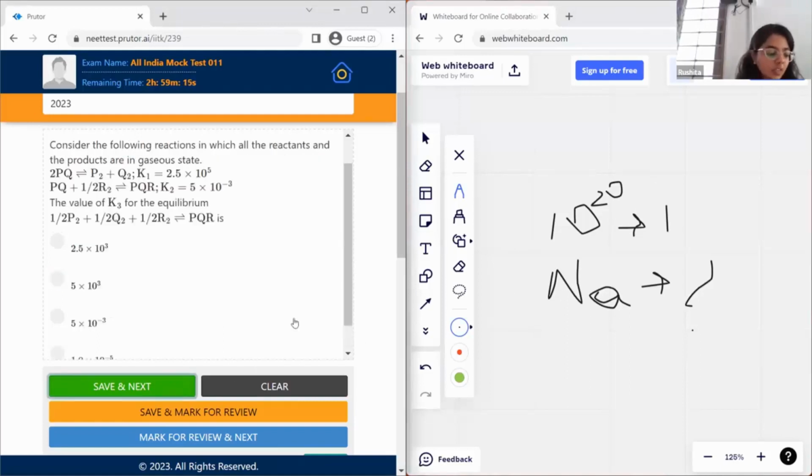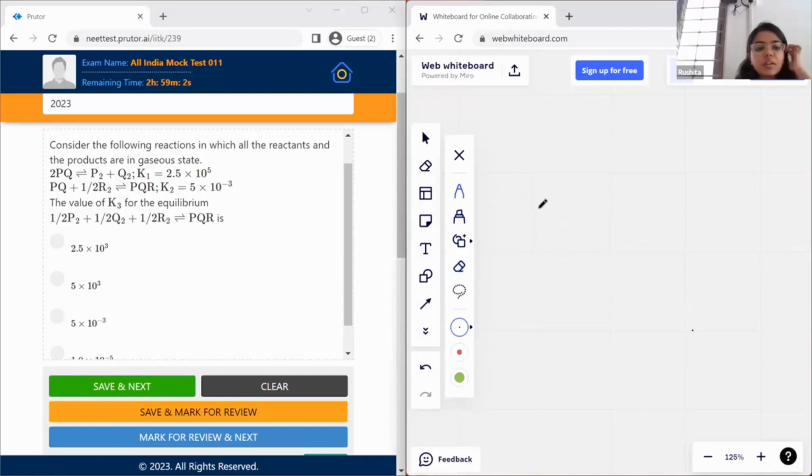Okay. So we have a reaction and we need to find the K3 for the reaction. So the first one, 2PQ gives P2 plus Q2. So if we just reverse the first equation, then P2 plus Q2 would give 2PQ, right?